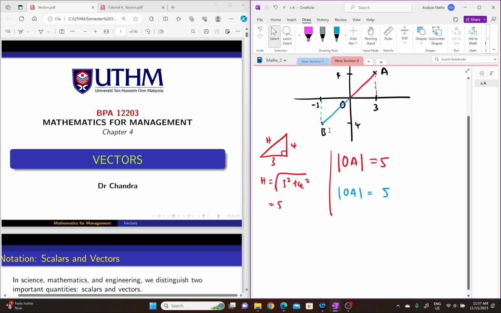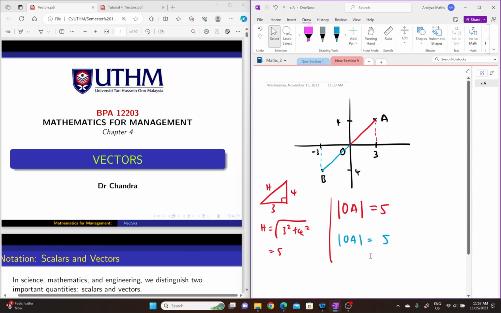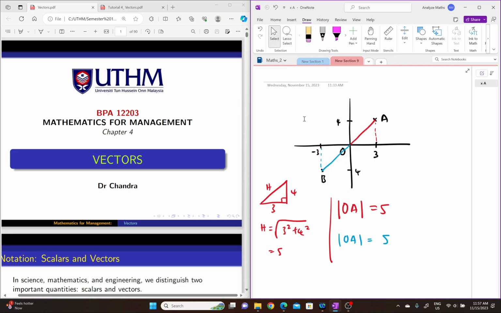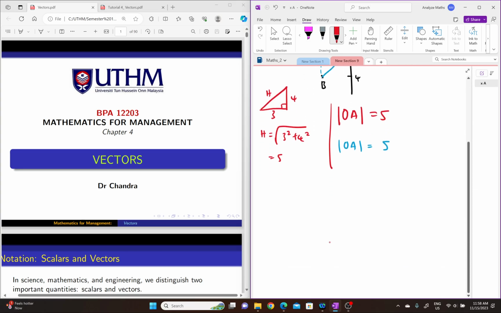Now, what is a vector? A vector is any measurement, any magnitude, with direction. Let's say OA, now I put this direction. OA is now known as a vector. Now how to write this?